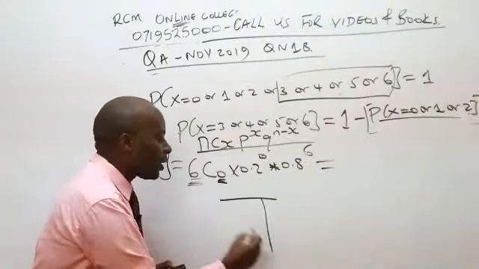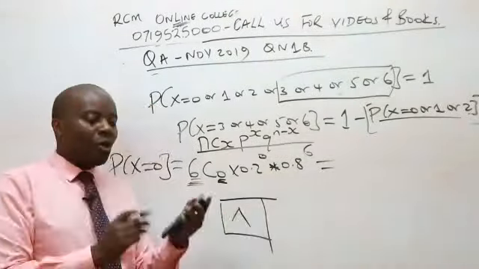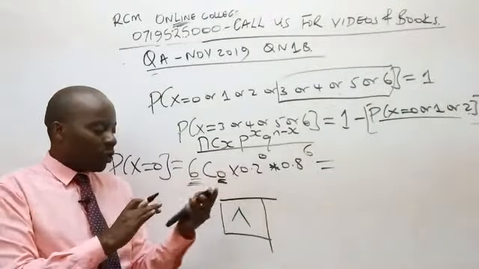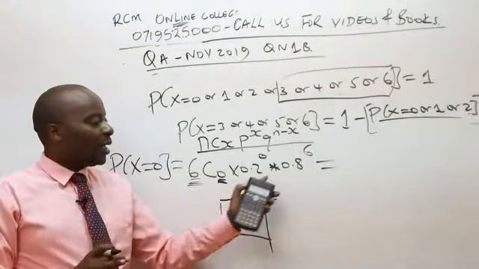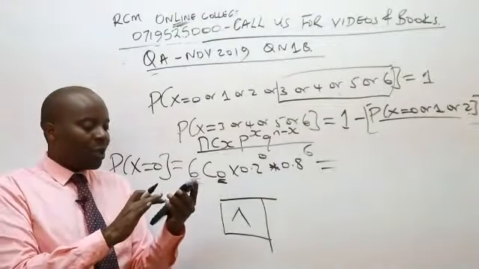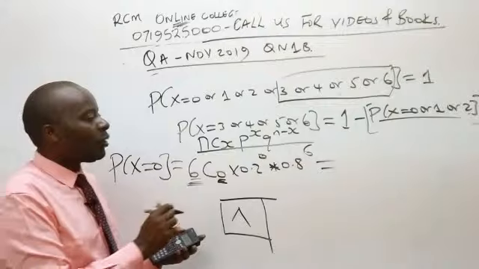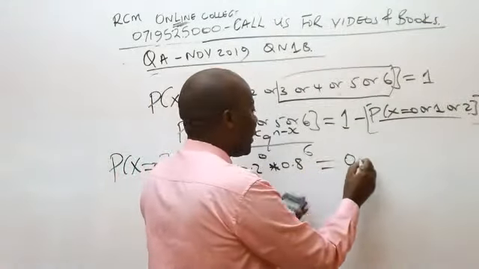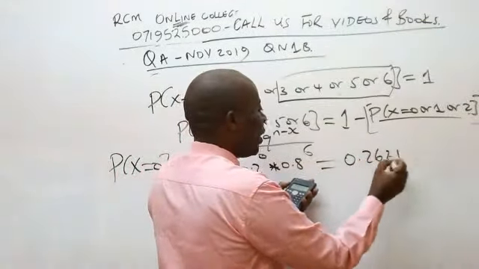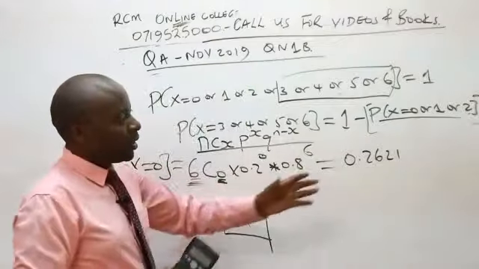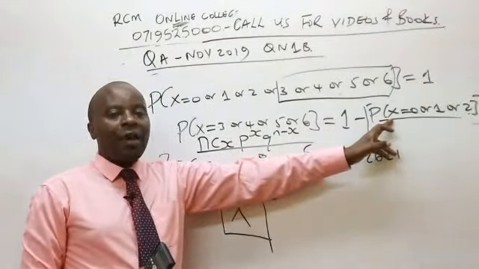In some calculators, raised is like this. So raised to 0. Then times again 0.8 raised to power 6. So, ladies and gentlemen, what figure am I getting here? I'm getting 0.2621. So this is the probability of the first event.